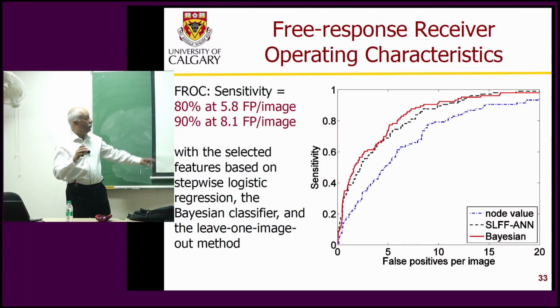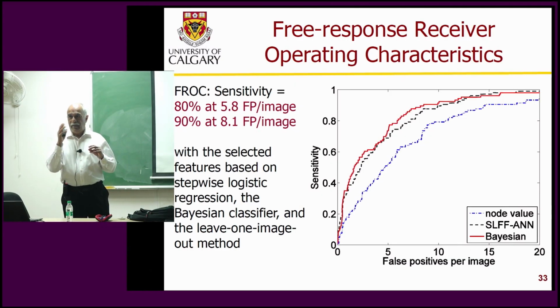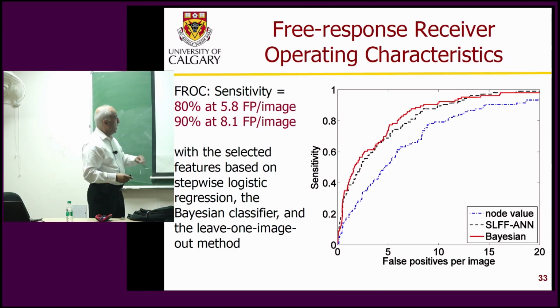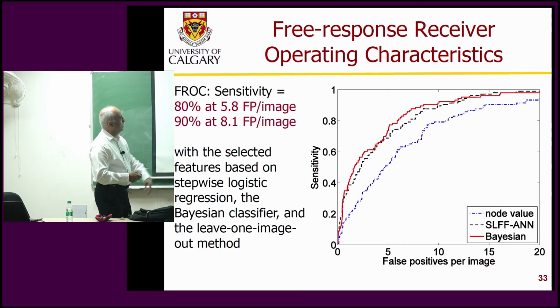Or you may say, leave one patient out. All images from that patient should be left out of the training set. Train your classifier and then test with the current case. So there are different leave one out. Leave one what out? So then, by using a neural network, we got this black line, and using a Bayesian classifier, we got this red line.